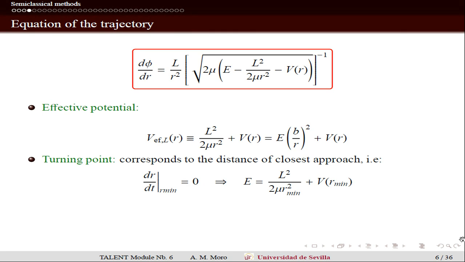This is obtained just by imposing this condition. The distance becomes smaller and smaller, at some point it will reach the minimum value, and then it will start to increase because the nuclei separate from each other. So there is clearly a minimum at this distance with respect to time, which can be obtained from this equation.